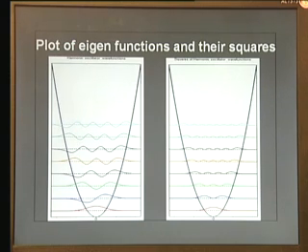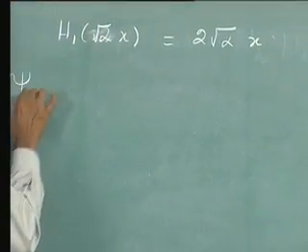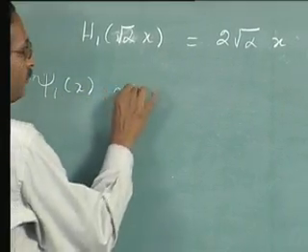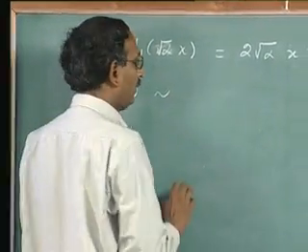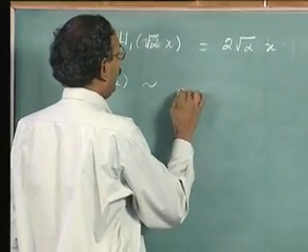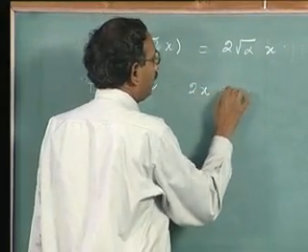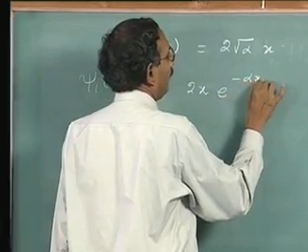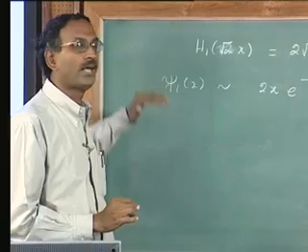H1 of root alpha x is 2 root alpha x. Therefore, the wave function psi 1 of x, without the normalization constant, which we can always include later, is 2x e to the minus alpha x square by 2. This is the first excited state wave function.